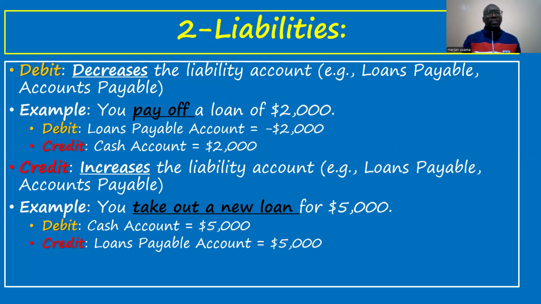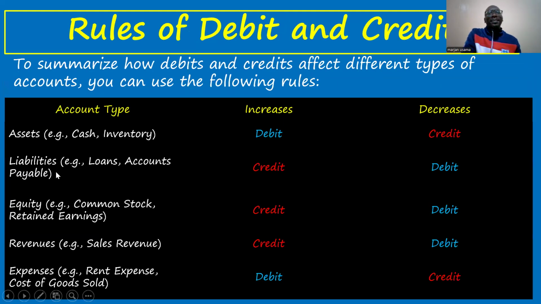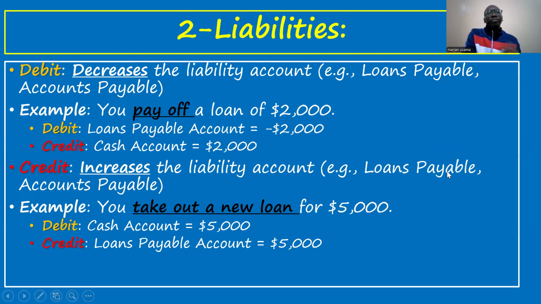Now, the liabilities. If you look at the formula, the liabilities, if it increases, you credit. If it decreases, then you debit. So for any decrease in our liabilities, and when you are talking of liabilities, these are obligations.